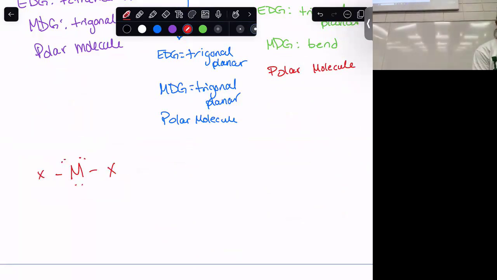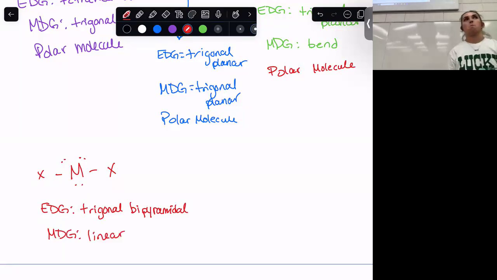What is the electron domain geometry for this one? This is trigonal bipyramidal. What is the molecular domain geometry? This is now linear. Where are those lone pairs? Yep, so all lone pairs here are at the equatorial position.